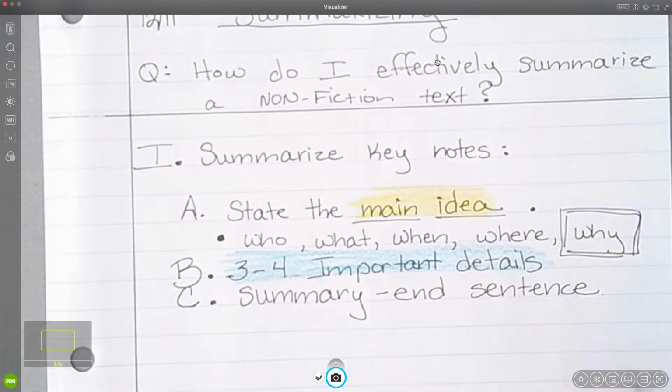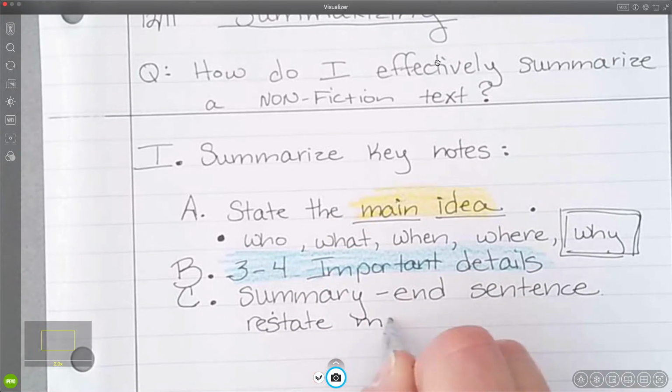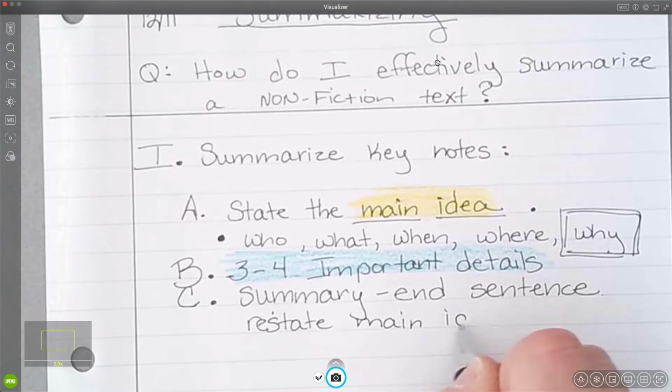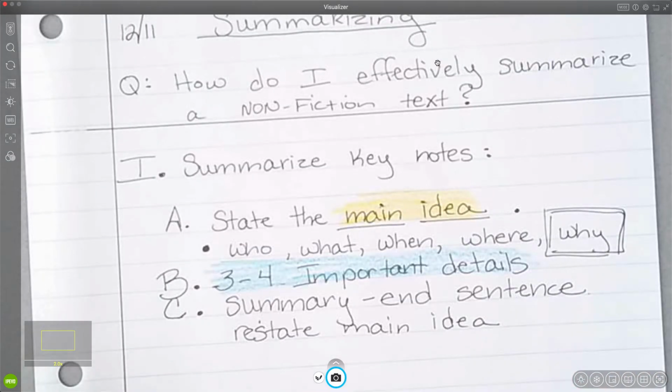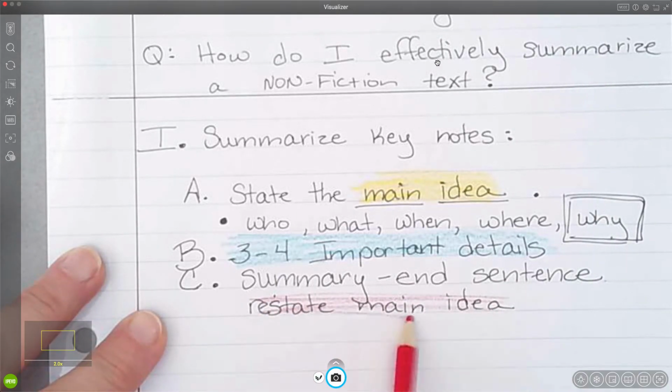Now we are going to work on that as a class. Restate the main idea, just in a different way. And that end sentence is our red sentence. Okay?